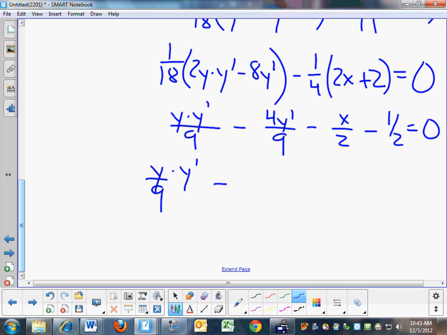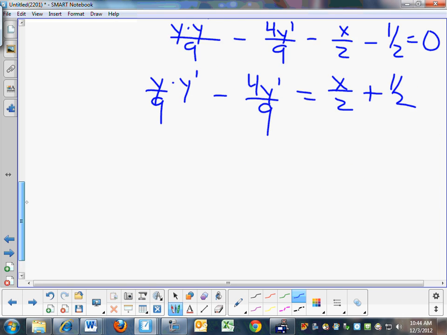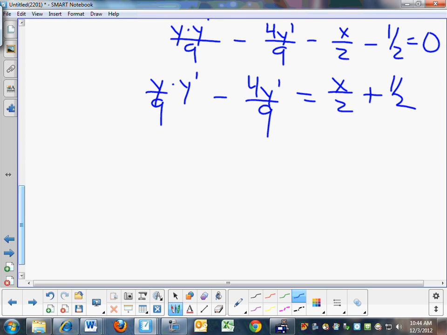Minus 4y prime over 9 equals x over 2 plus 1/2. So all I did is I moved my minus x over 2 and my minus 1/2 over the other side. I'm just following those same steps that we laid out in summary of how to use implicit differentiation. Sure. X plus 1 over 2 would be fine.